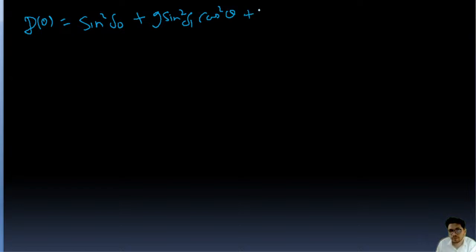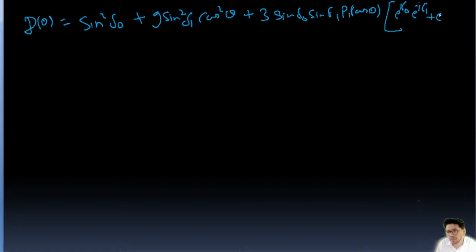Okay, plus 3 sine delta naught sine delta 1 P1 cos theta, and this is going to be e to the power iota delta naught e to the power minus iota delta 1 plus e to the power iota delta 1 e to the power minus iota delta naught.